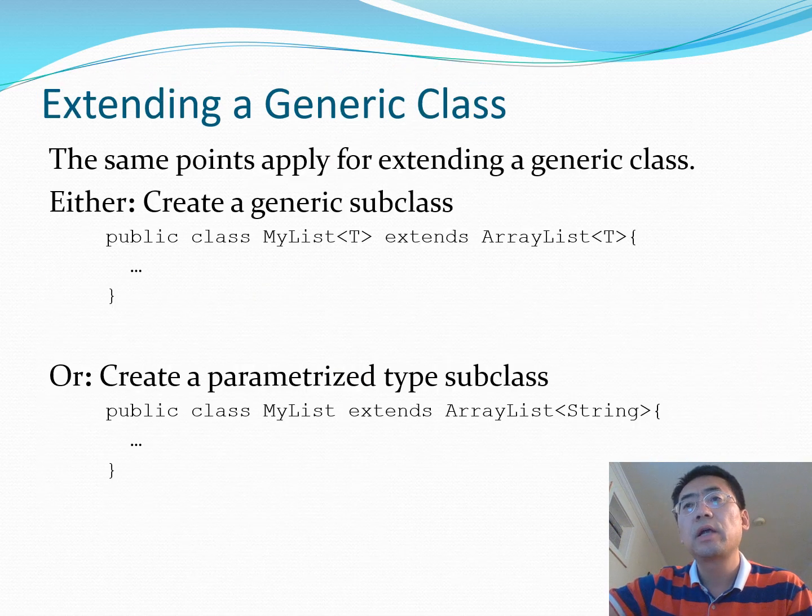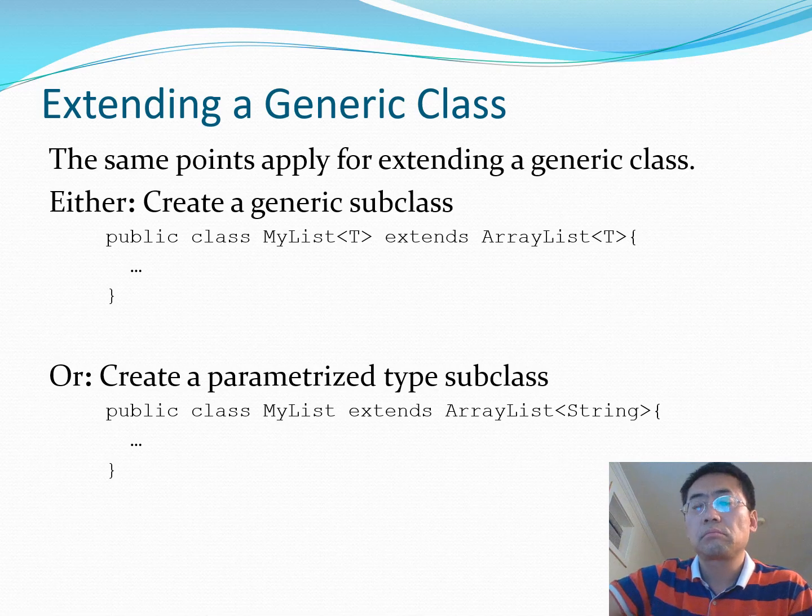How to extend a generic class? We are going to create MyList T extends ArrayList T. So this remains a generic subclass because we still keep the type variable T. But we can also create a parameterized type subclass, and we can say public class MyList without a type parameter over here, MyList extends ArrayList of String.